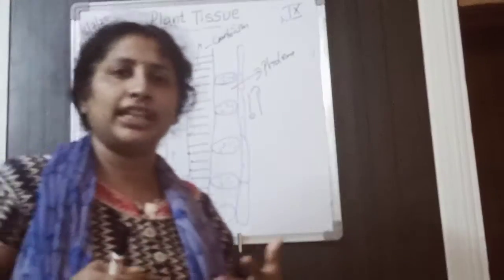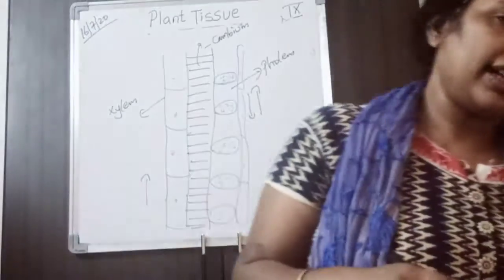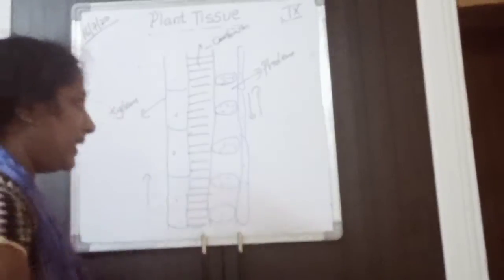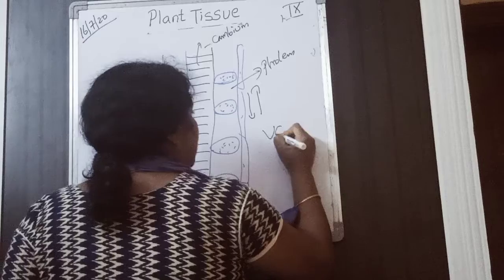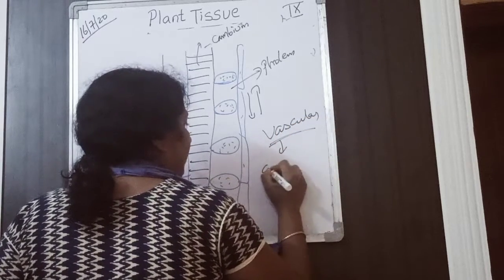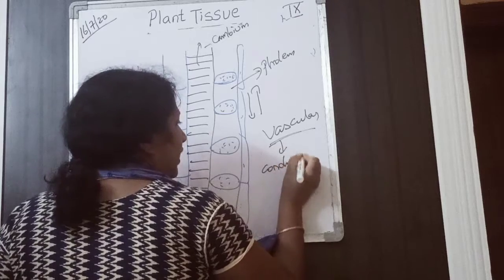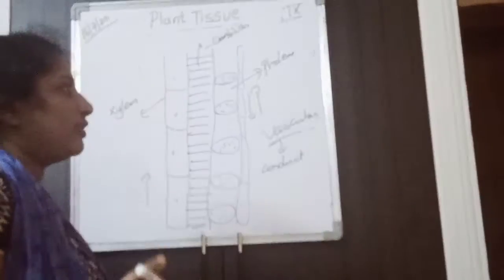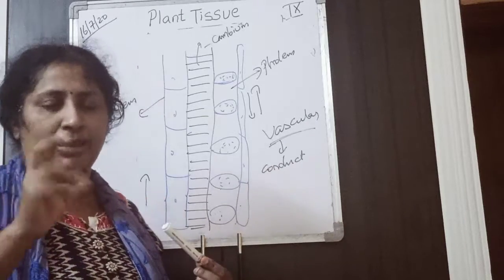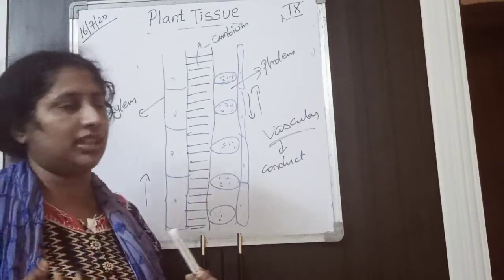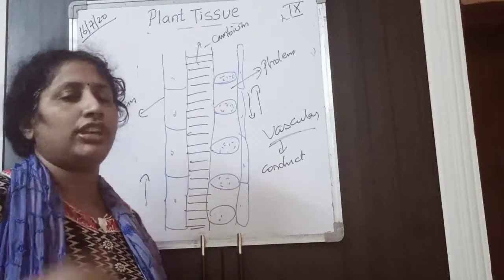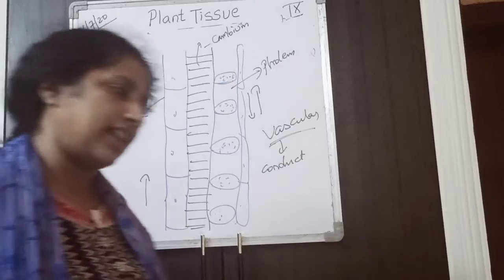Xylem and phloem together are called vascular tissue. They make the vascular bundle. The meaning of vascular itself is conduction, transport. They transport water, minerals, food. That's why together they are called vascular tissue.